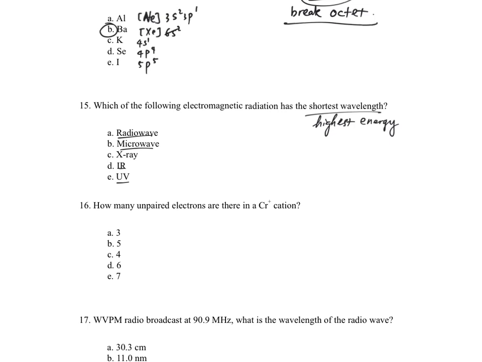UV is a little higher than visible light, but it doesn't do as much damage as X-ray. And gamma ray obviously is the highest, but it's not here, so X-ray is our choice for the highest energy with the radiation that's shown in this question.